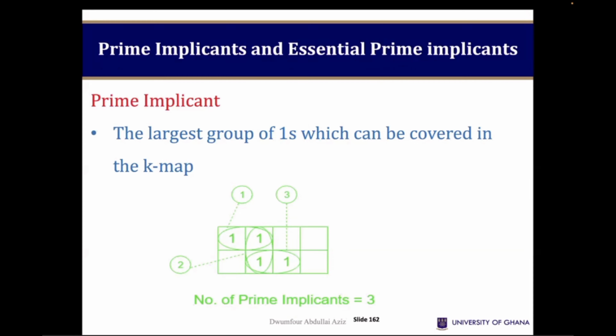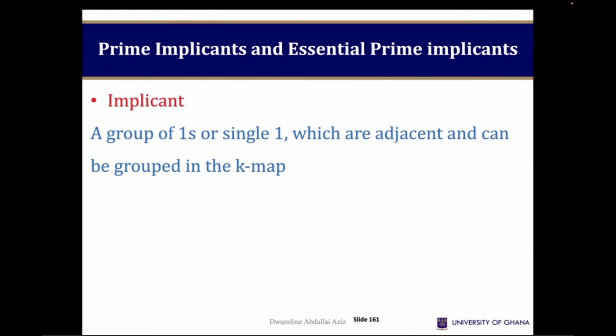These are the foundation for the QM technique. Because of that, we would like to look at what these prime implicants and essential prime implicants are before we dive into the actual QM method.